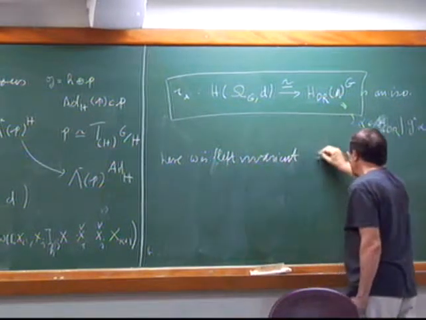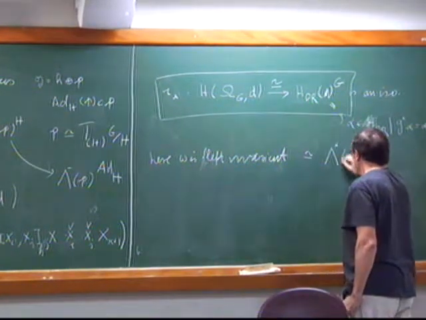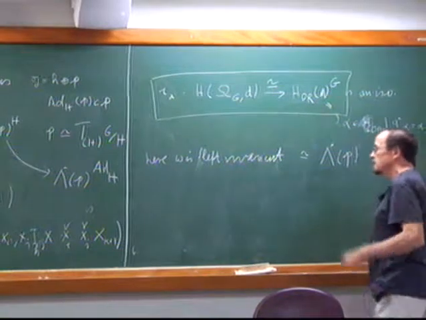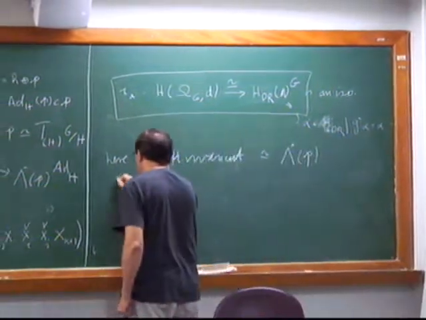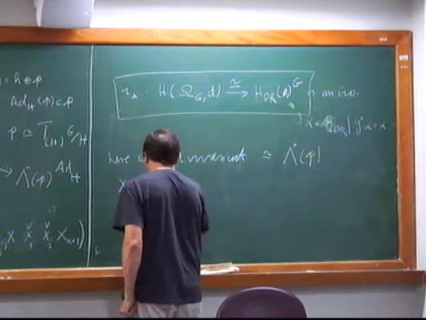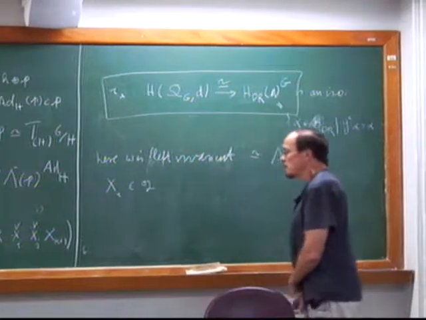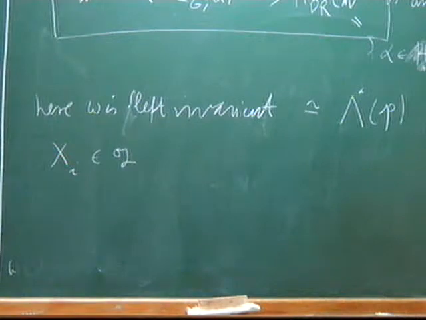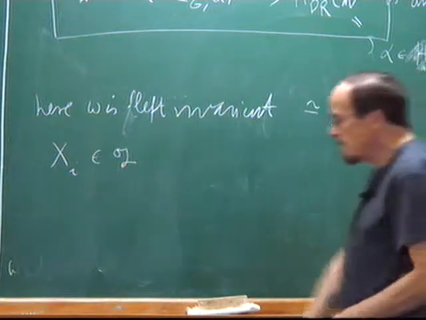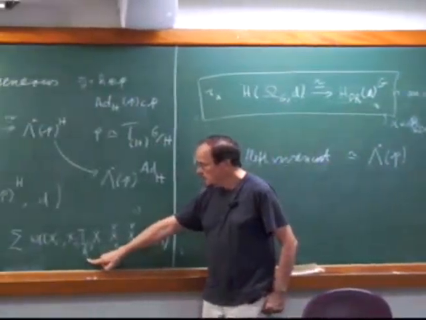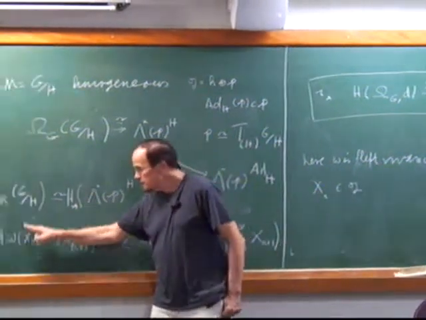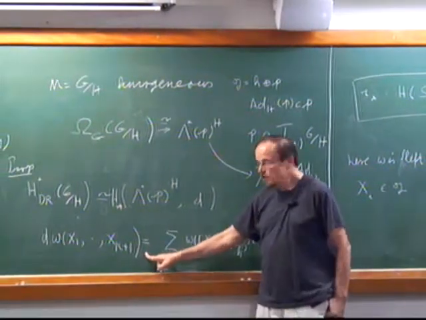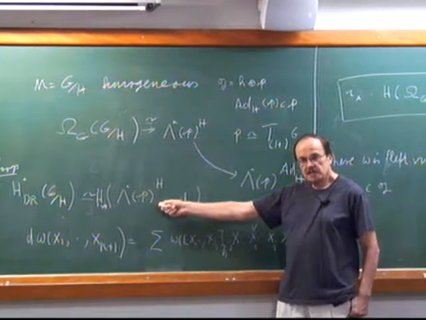Which I identify then with an element of this lambda star p. And xi are left invariant also. And then here I have to take the component in h because this should be interpreted as, of course, omega is a left invariant form, d omega is again a left invariant form, so interpret it as something in this vector space.